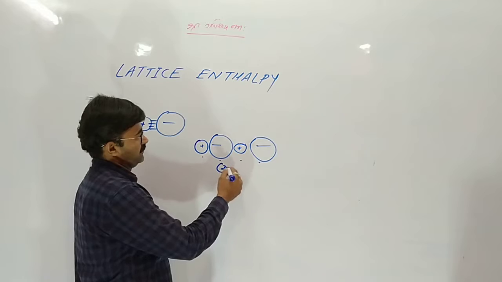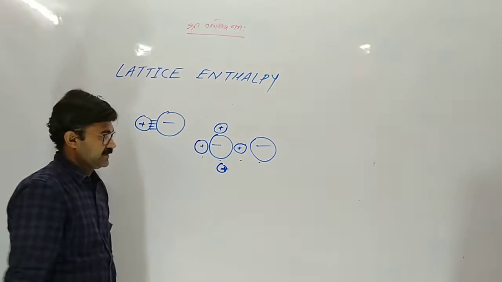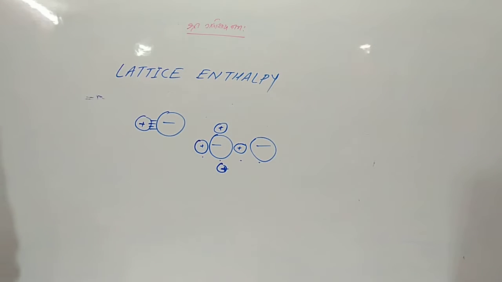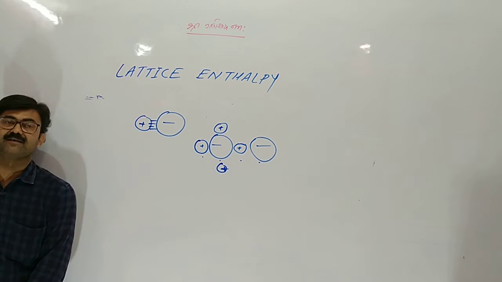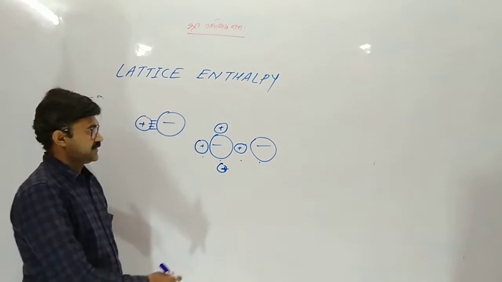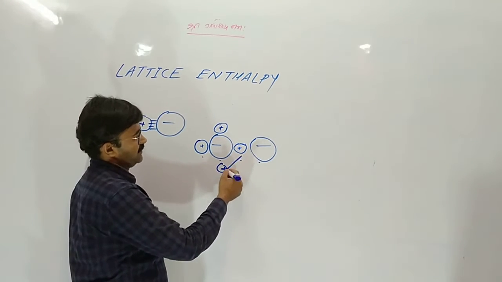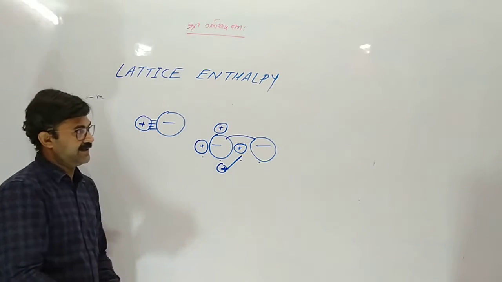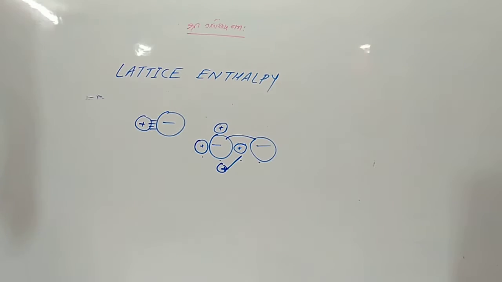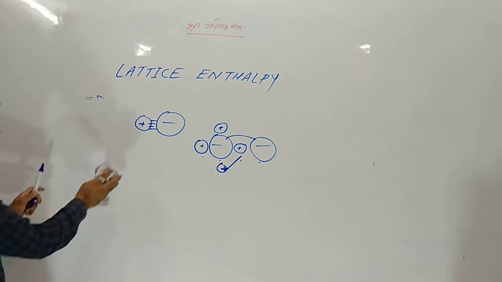Arrangement is also effective for lattice enthalpy because our crystal is in 3 dimensions, so sometimes repulsion occurs between negative ions and between positive ions.